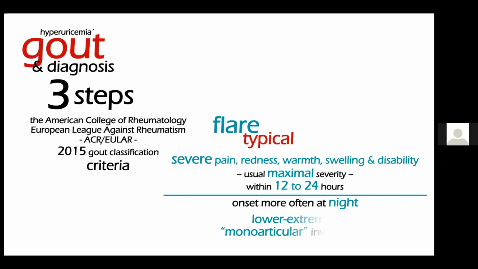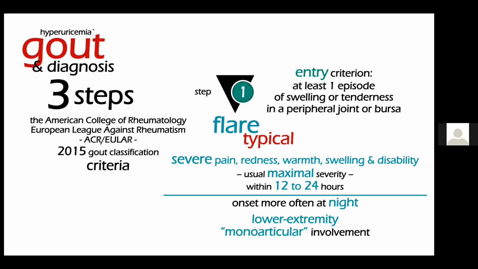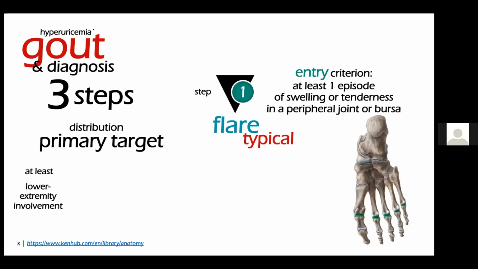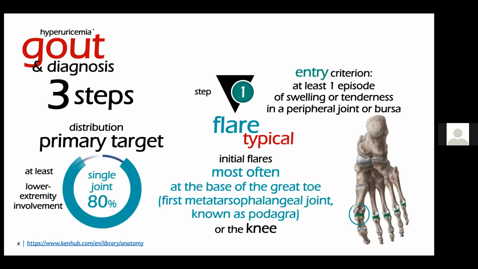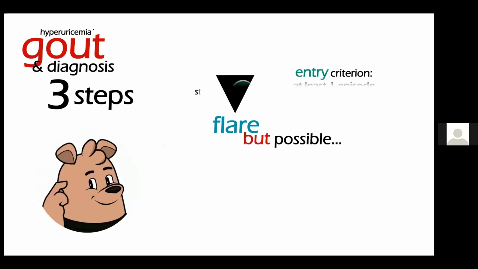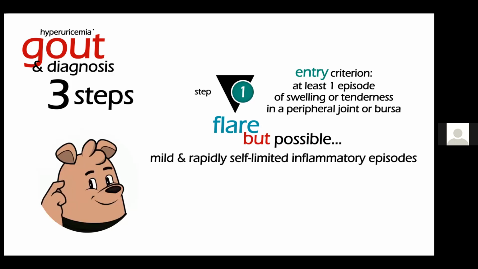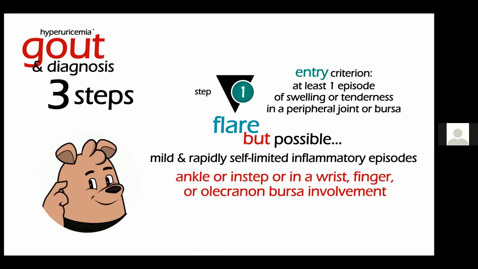taking the history and trying to find out if the patient ever went through a flare that can be typical, and when it is typical, we know which joint is usually involved, or if the patient got a flare that might not be where we expected it to be, but it is still a gouty flare nevertheless.